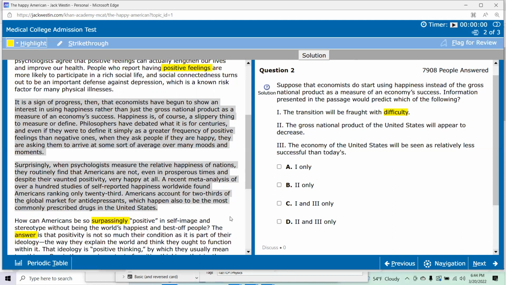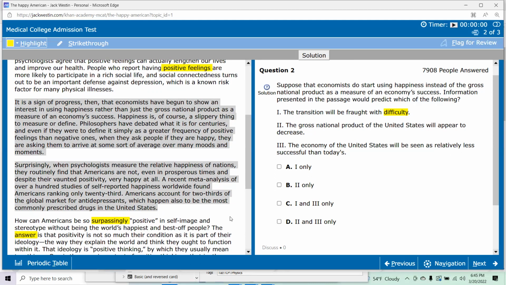Suppose that economists do start using happiness instead of the gross national product as a measure of economic success. And you're saying that it doesn't make sense logically. Why? Because they're saying that they're using happiness instead. Oh, okay, I see what you're saying.